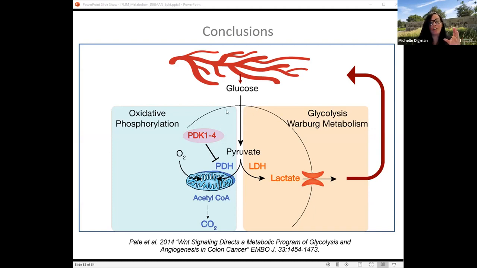In this case, we found that PDK1 was one of those enzymes that was really crucial in switching the metabolism, that if you take it out, you can actually inhibit glycolysis, inhibiting blood vessel growth. So that's the whole idea, is that you want to make sure that you inhibit this.